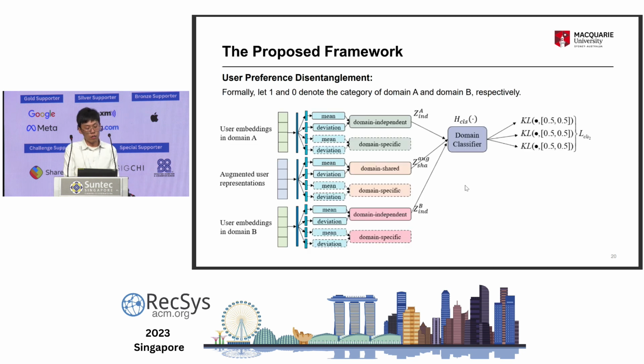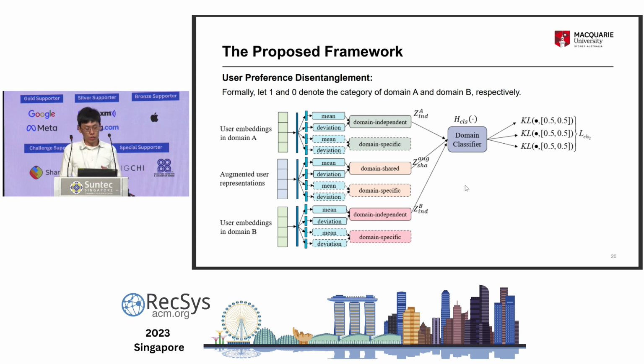Formally, let 1 and 0 denote the category of domain A and B respectively. So given the 3 types of inputs here, after the disentanglement module, we can get 3 essential components of our user representations.